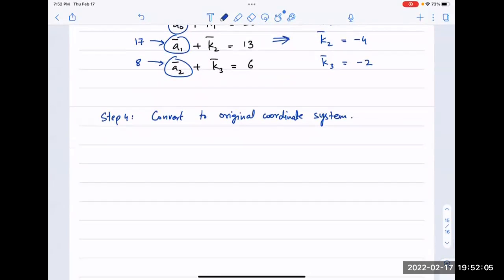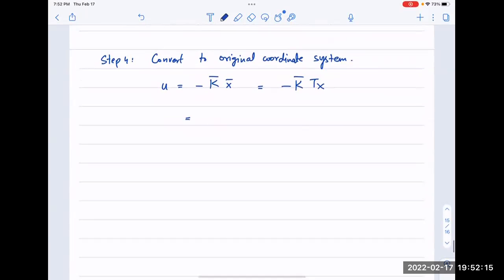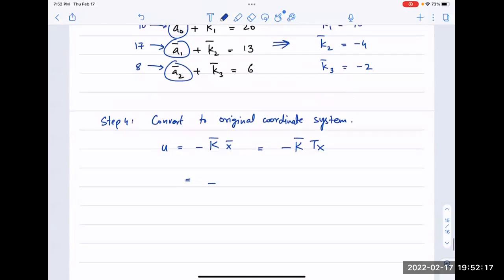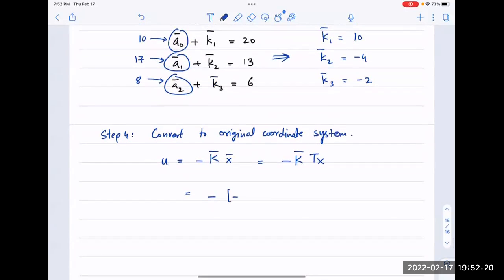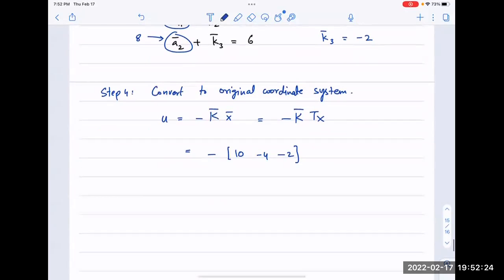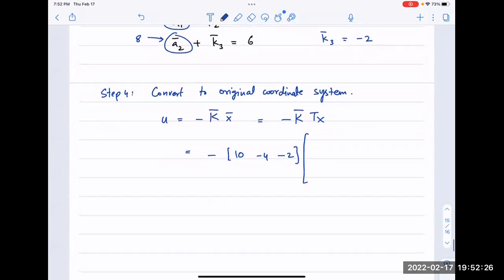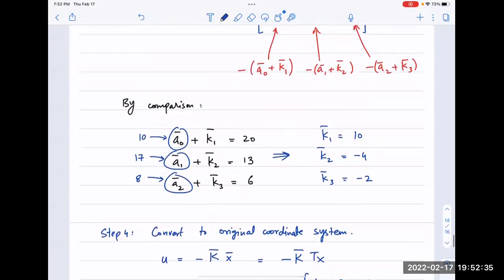So the u is minus K bar X bar. So we will say this is K bar T x, right? So it's 10, minus 4, minus 2 times the T, and T is 1, 0, 0; minus 5, 1, 0; 25, minus 7 and 1.